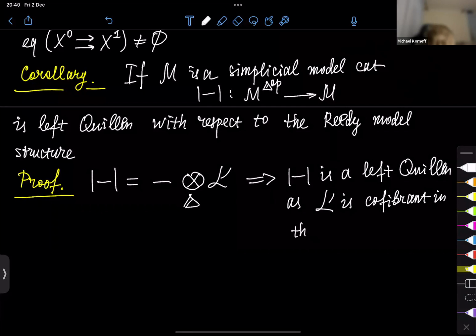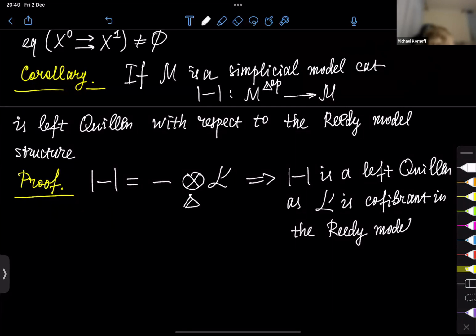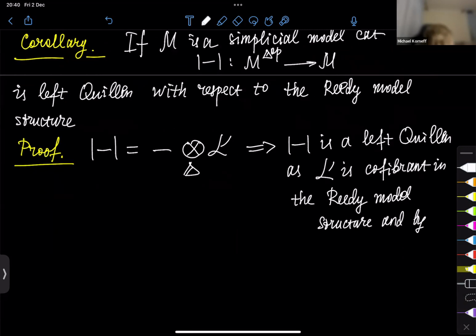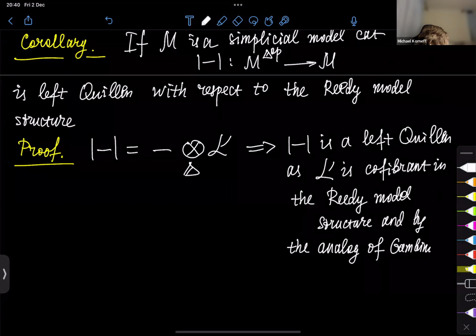Cofibrant in the Reedy model structure. And by the analog of Gambino's theorem.